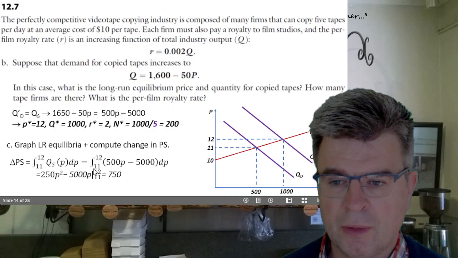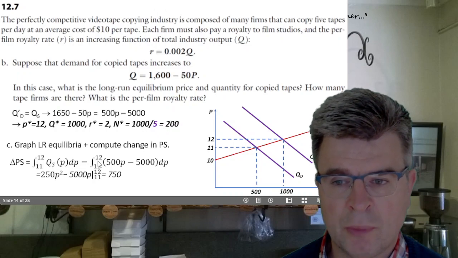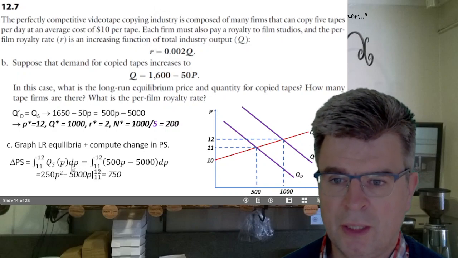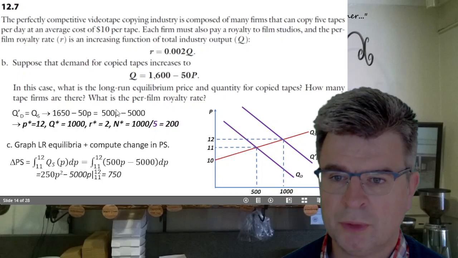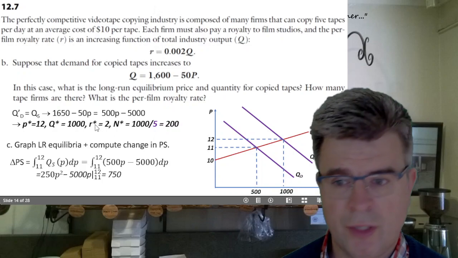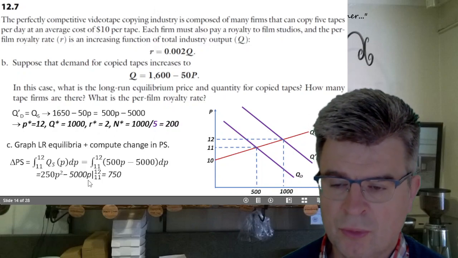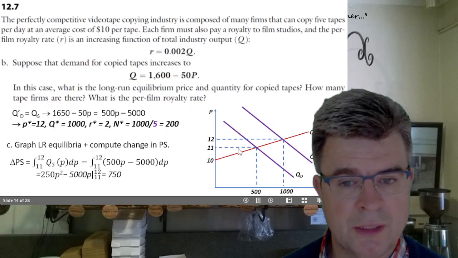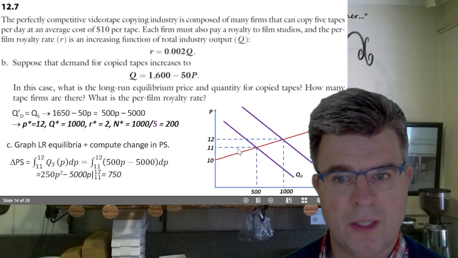So the price change determines the range over which we take the integral. Then we plug in the equation that we have for the supply function, which is the one that we already observed over here. We take the integral, and we observe that the increase in producer surplus is equal to 750.